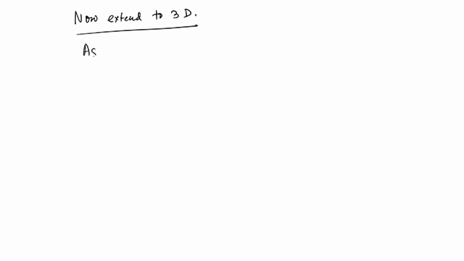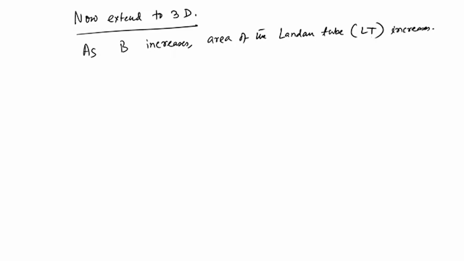As B increases, the area of the tube, we call it a Landau tube, let us call it LT, increases. Okay.